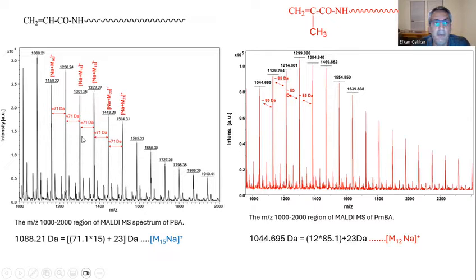And the mass separation between the signals corresponds to the monomer used: for beta-alanine from acrylamide, 71 Dalton, and 85 Dalton for methacrylamide. And a randomly selected signal, here 1088 Dalton, corresponds to the integer of repeating unit plus sodium ion adduct mass.